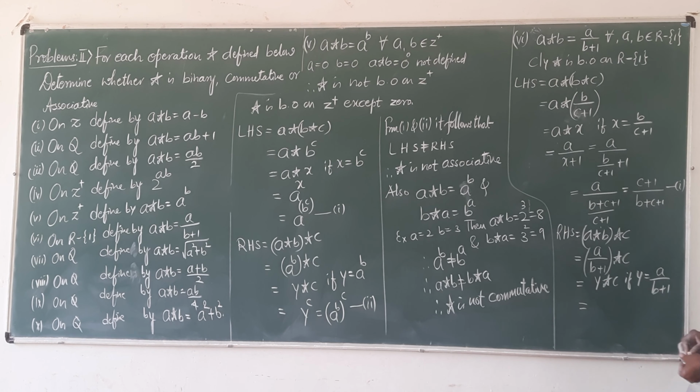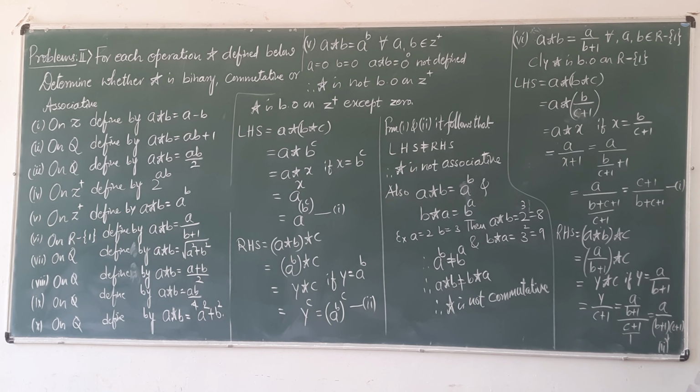Since a star b is equal to a by b plus 1, therefore y star c is equal to y divided by c plus 1. But the value of y, a by b plus 1, all divided by c plus 1. Right? That is a divided by b plus 1 into c plus 1. Call it equation 2.